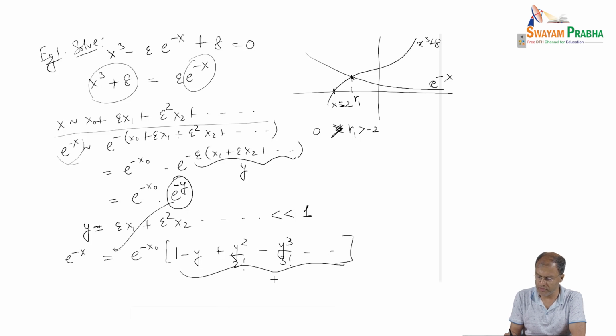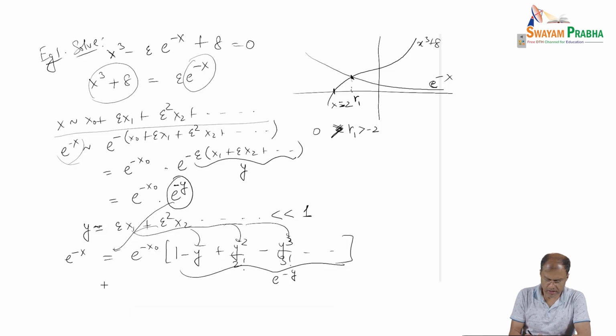So this is my e to the power minus y, and then we have to start to plug in what y is in each of these functions to see that we are going to get the following form.